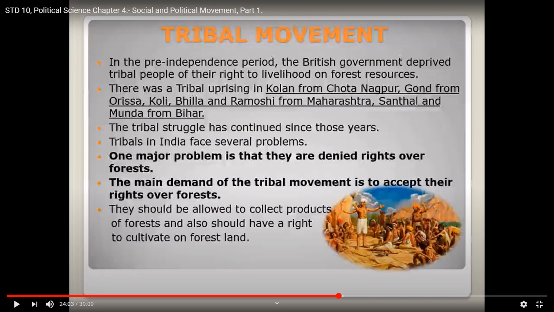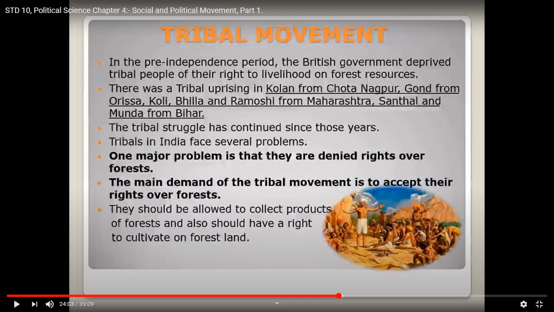That means before independence, the Britishers took away all the land, and since the whole of the Indian continent was under their control, they said nobody has control over their land without their permission. So even the tribals who were living in the forest areas or areas where they were cultivating had the land that they owned taken away from them.